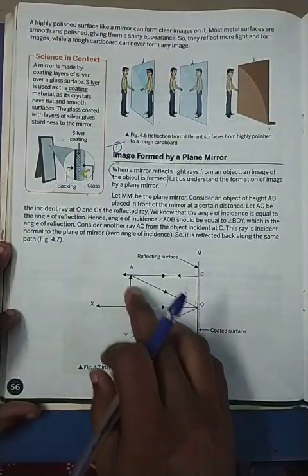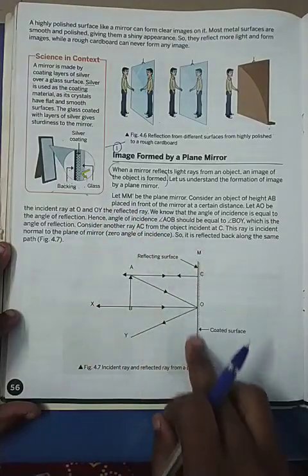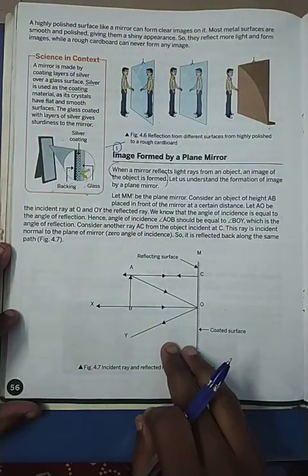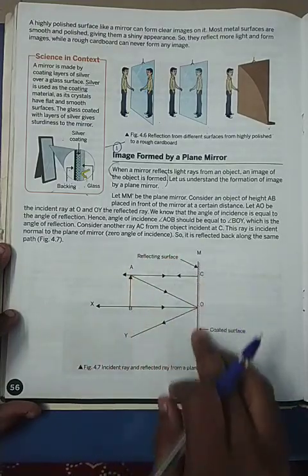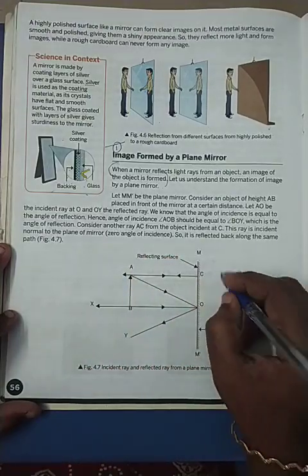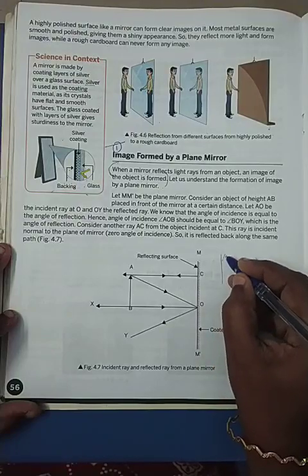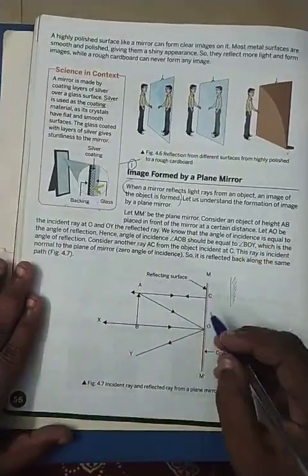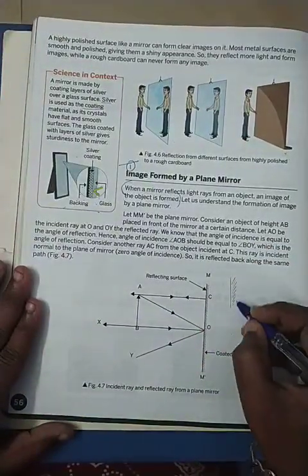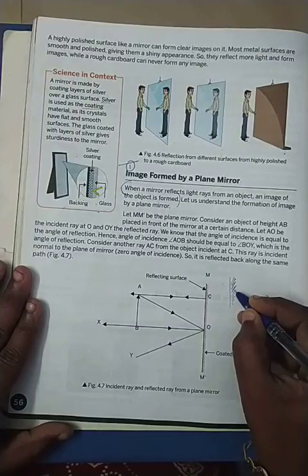Now let MM be the mirror. How are we going to draw the mirror? For a plane mirror, we have to draw one straight line and draw small lines at the end, like when we are drawing coconut tree leaves.